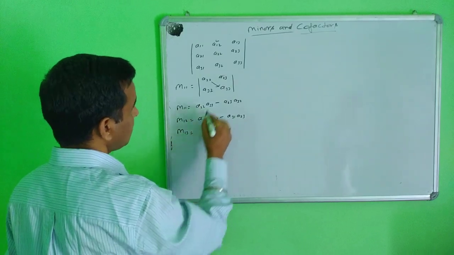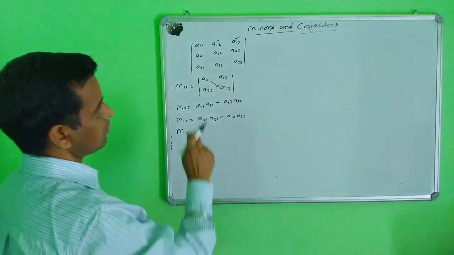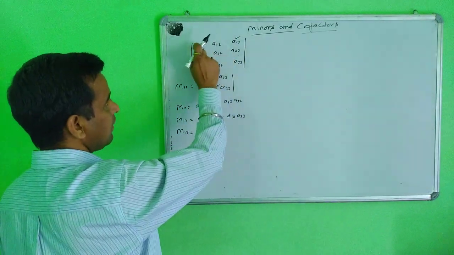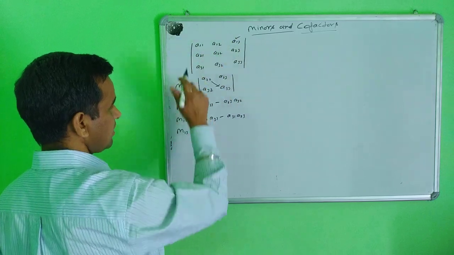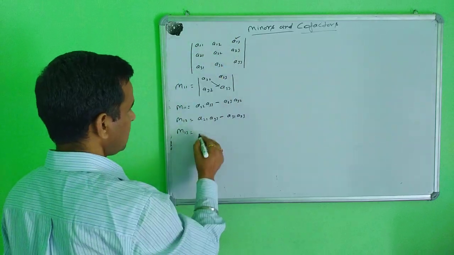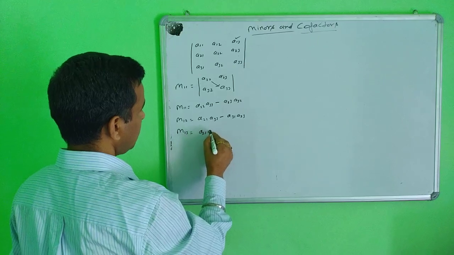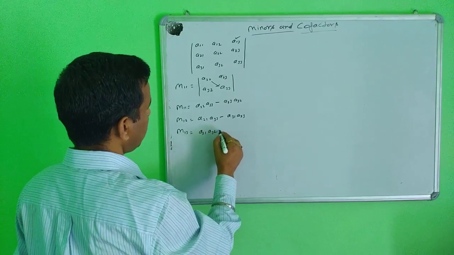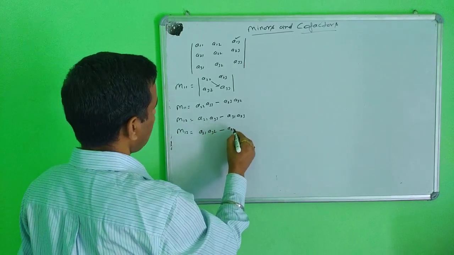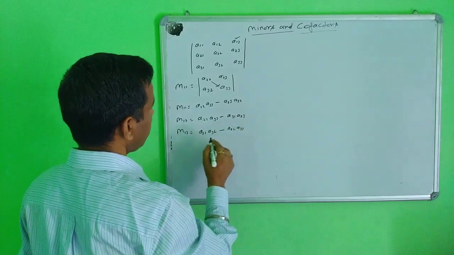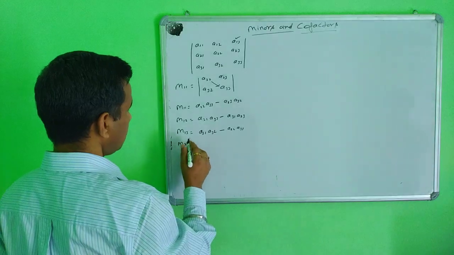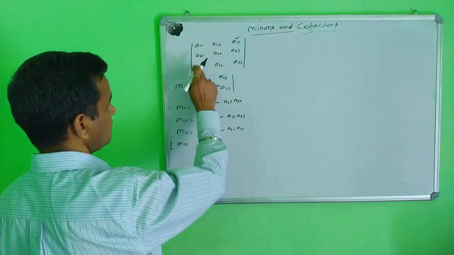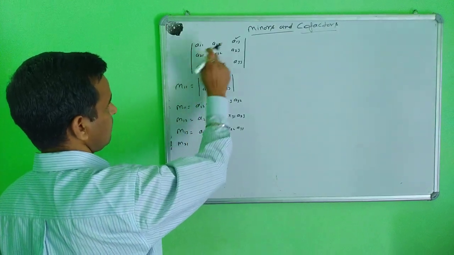M13 means this. How to find this? The minor of this element: this row and this column will be hidden, only 4 are left here. Then cross multiply: A21, A32 minus A22, A31. Similarly, M21: second row, first column.